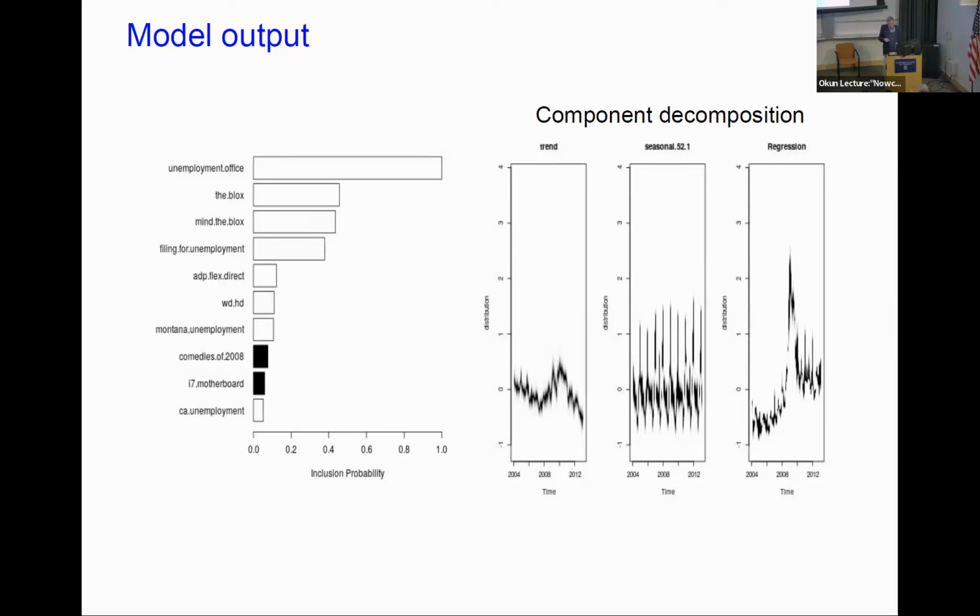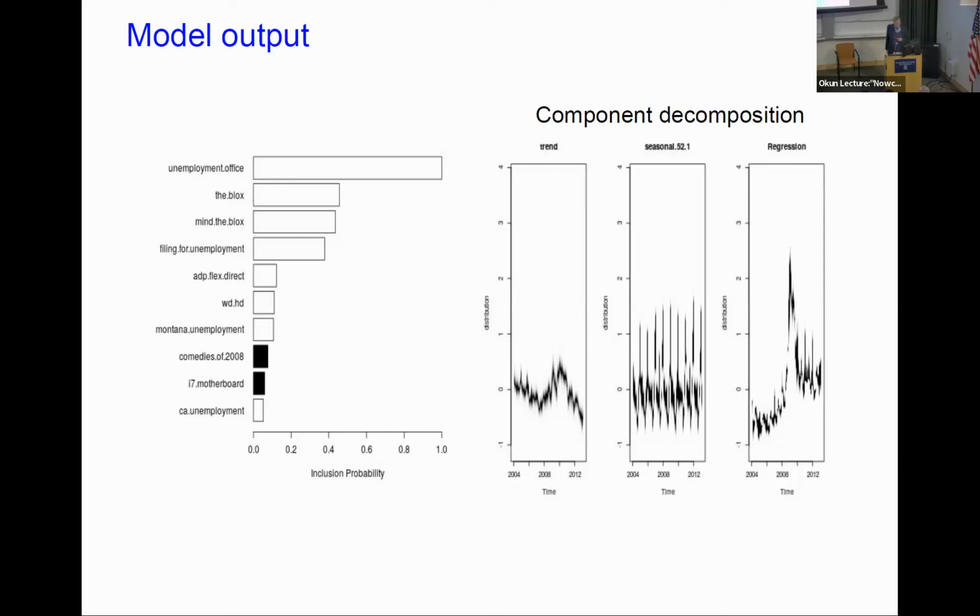And we're seeing the regression doesn't do much in the initial weeks, but then it has this huge spike, and that's the 2008, 2009 recession. And what are the things that predict that big shock, or contemporaneously predict, right? What is correlated with that? And the answer is unemployment office, just as I said.